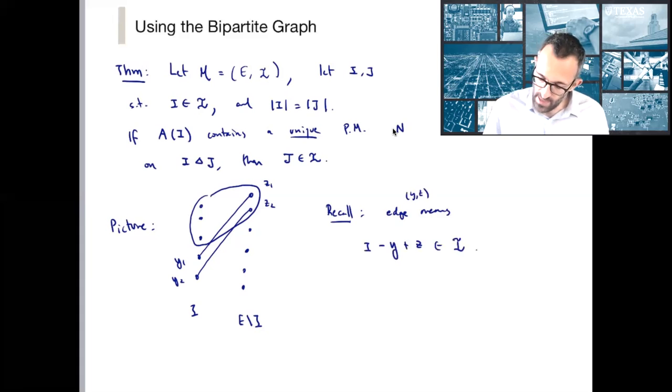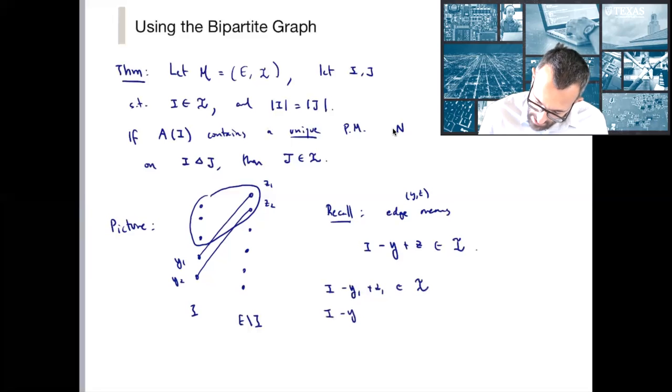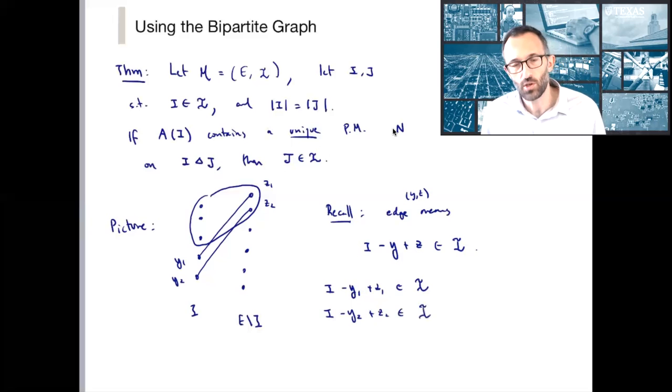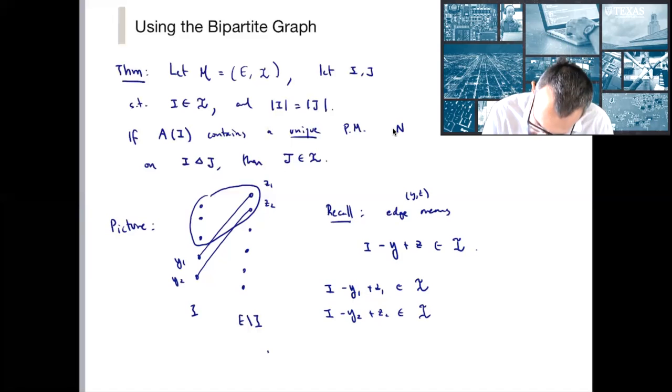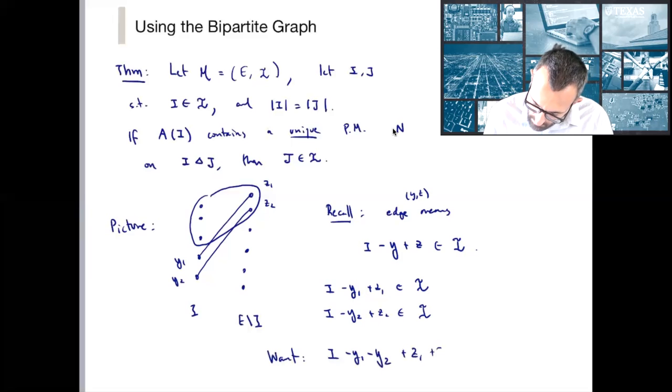So in other words, these edges in this picture mean that I minus Y1 plus Z1 is an independent set, and I minus Y2 plus Z2 is an independent set. But just to appreciate what we're trying to show in this result, we actually want to show that I minus Y1 minus Y2 plus Z1 plus Z2, because that's exactly J, is an independent set.